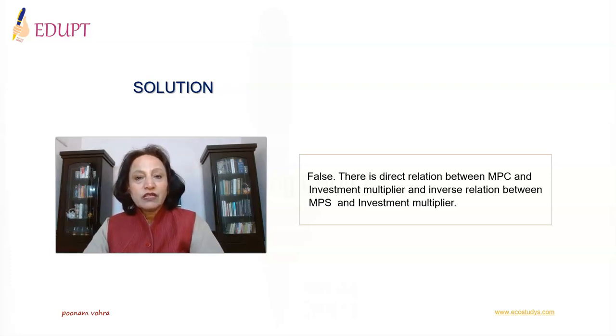So investment multiplier will be high with higher consumption. But if there is higher savings, that means less will be consumed, less will be spent, less will be invested. So higher savings leads to lower investment multiplier, whereas higher consumption leads to higher investment multiplier.